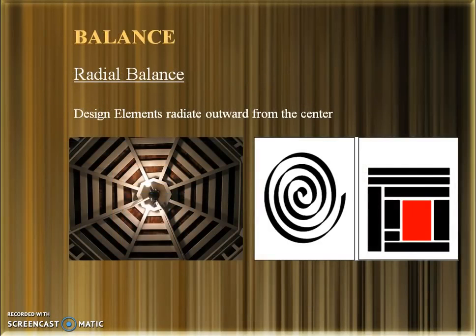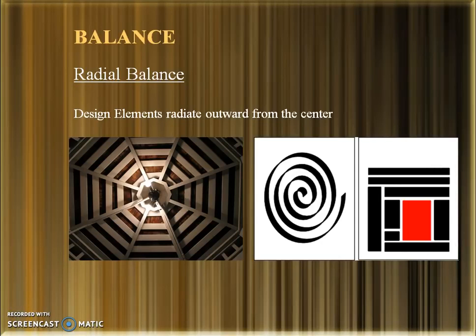The third type of balance is radial balance. It is similar to the radius of a circle. The design elements radiate outwards from the center. In the first example, the design seems to radiate from the center going outside. Similarly here and here, it is seemingly going outside.